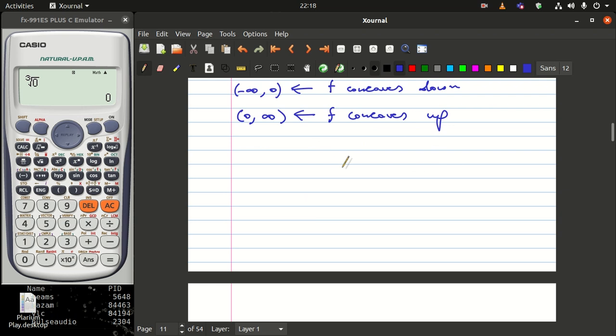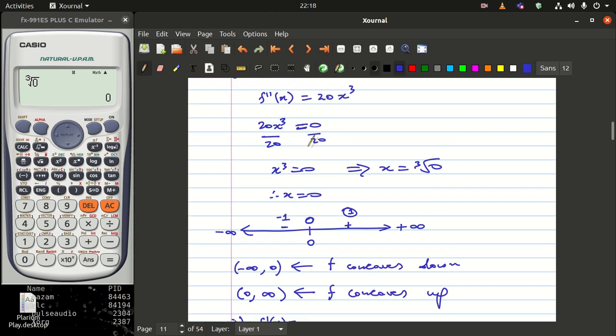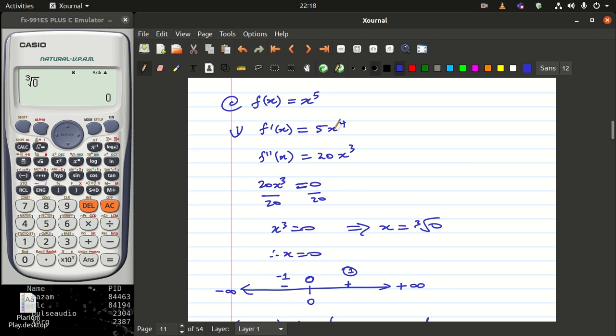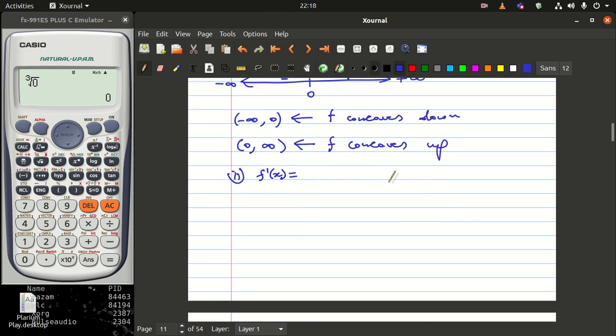And then we want to talk about Roman figure number 2, which says to use the second derivative test to classify the critical points. The question is, what was the first derivative with respect to x? You can see that the first derivative here was 5x to the power 4.